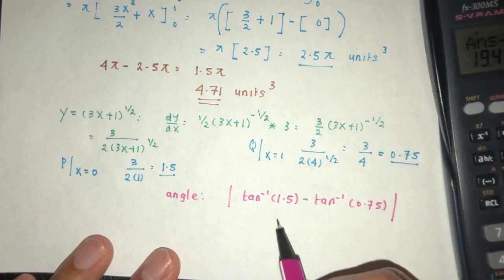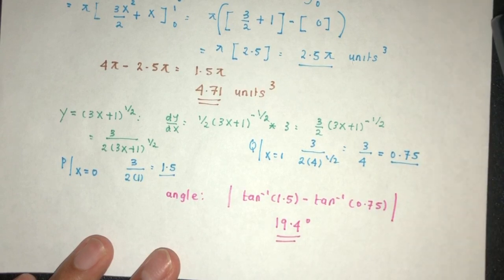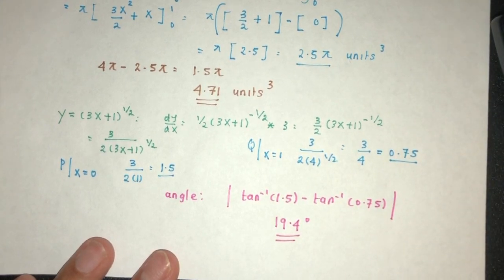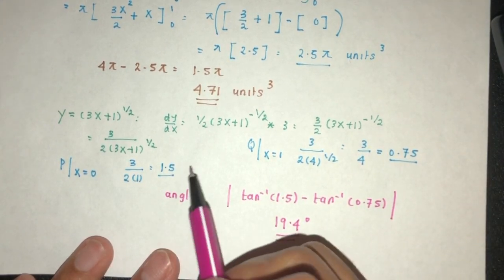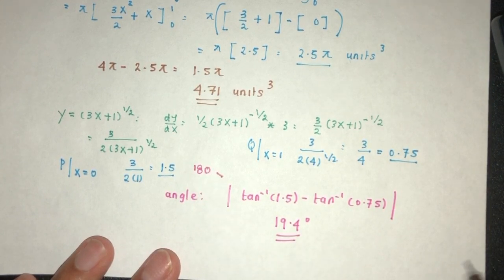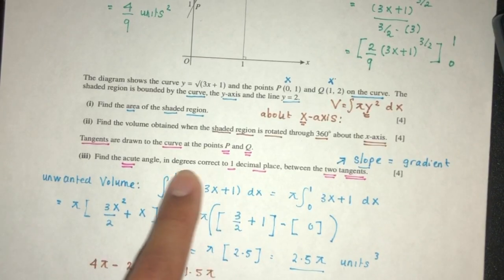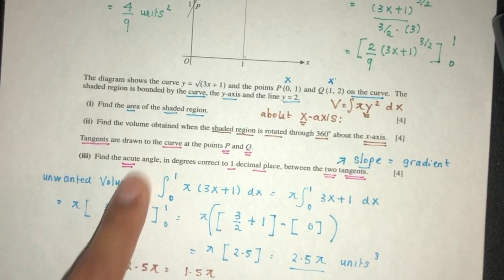That is 19.4 degrees as your answer. But now sometimes it may give you a value which is more than 90. If that happens, you can just take 180 minus the angle to find the acute angle in between. In this case, we have something less than 90. It is acute already. So that will be your answer for the acute angle right here for the question.